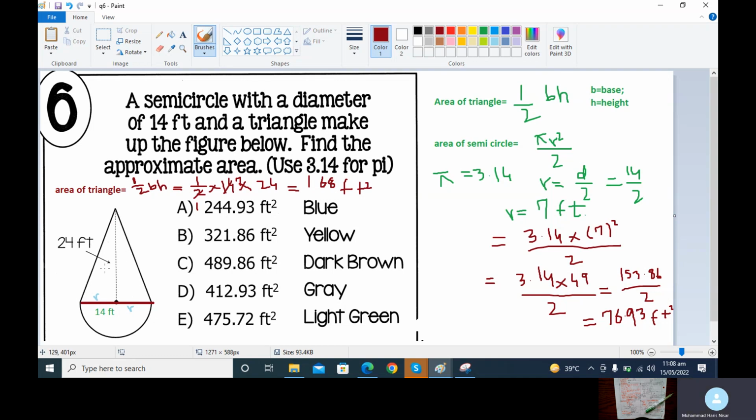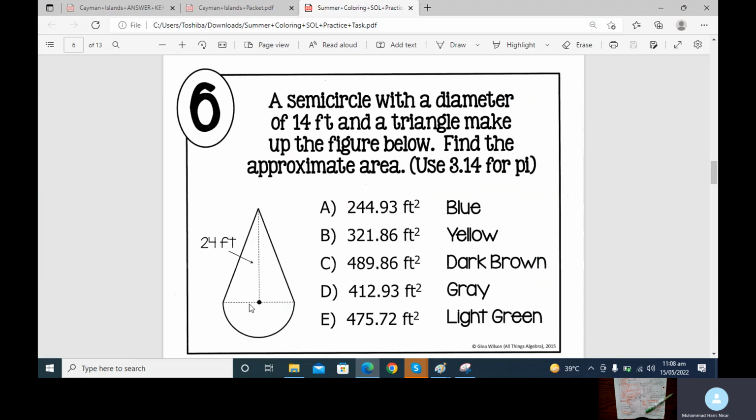We have formulas for area of a triangle, rectangle, square, semicircle, etc. But if some person says just try to find the area of this figure without dividing it, then how can you tell? You can't tell because this is not a proper figure. We are finding the area of a triangle and the circle because we have the formulas.